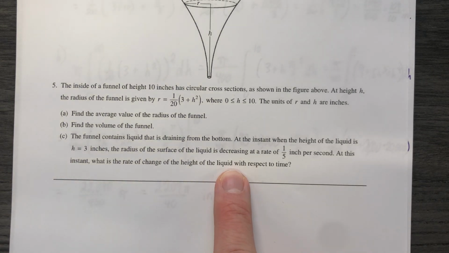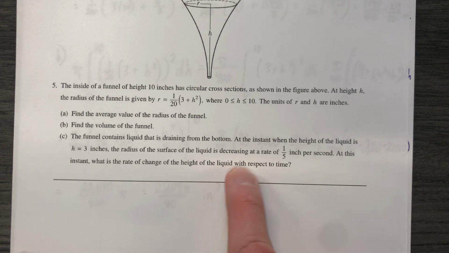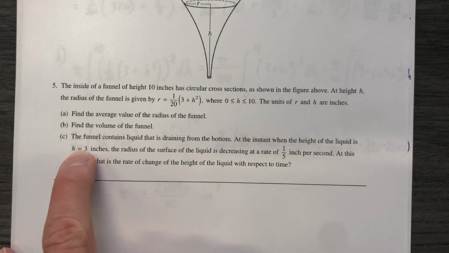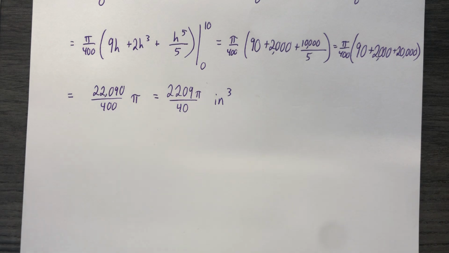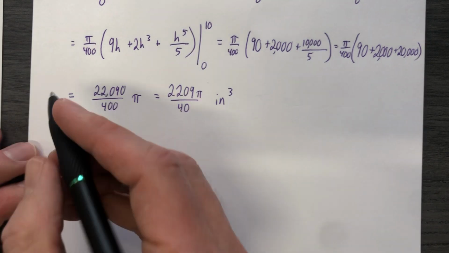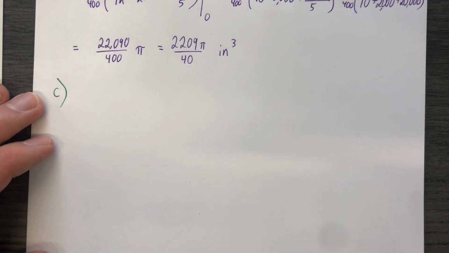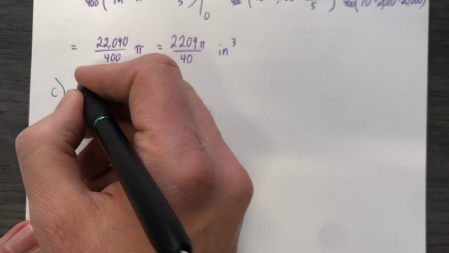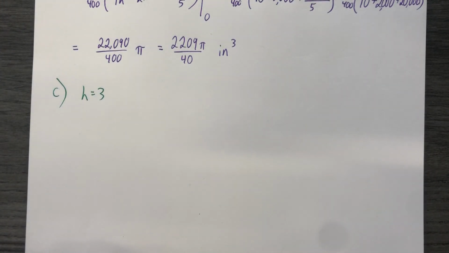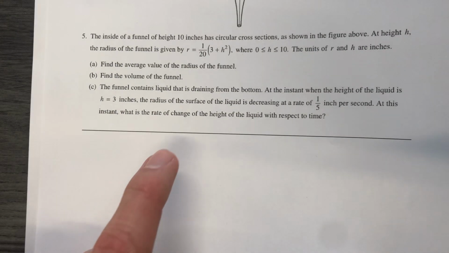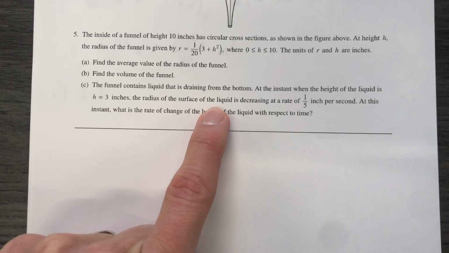These are related rates. These rates are, well, related. They gave me one rate, they gave me some other information, they're asking for another rate. So let's switch colors. Who wants green? Me. And let's find what they're asking for. Reading the problem again, they said that h equals 3. They also said the radius of the surface of the liquid. Now, when I read surface of the liquid, I was like, oh, the surface of the liquid is circular.